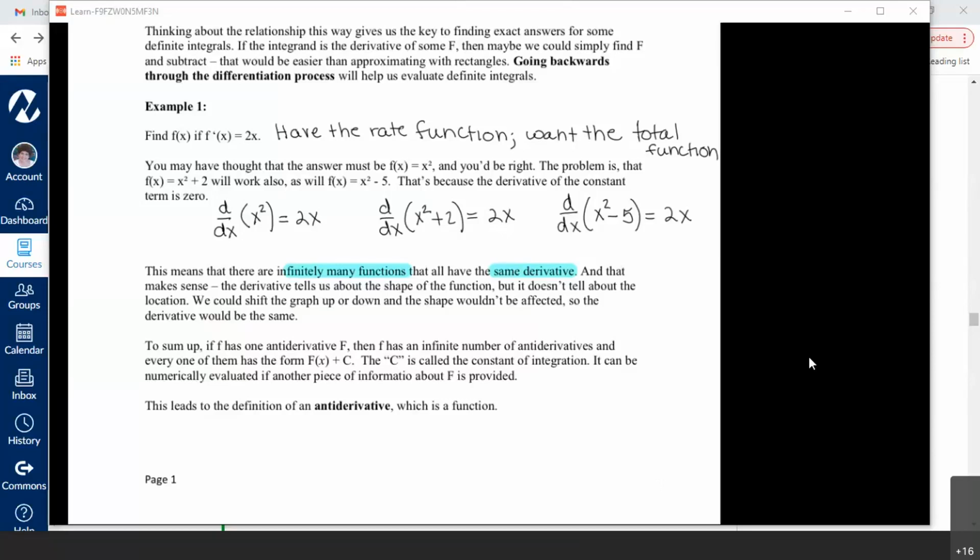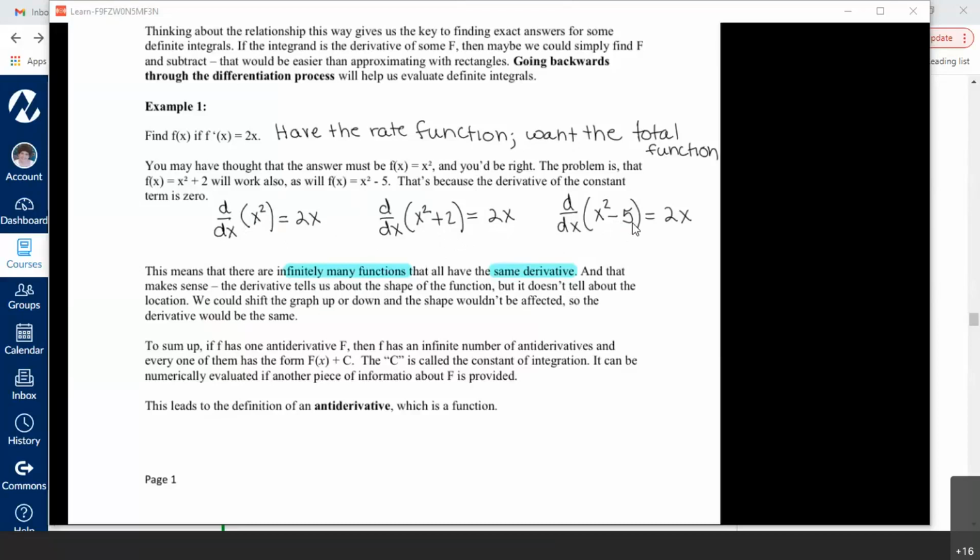Right. Ni is saying it shifts it up and down. So if you take the graph of x squared, it's sitting with its vertex on the origin. If you add 2 to it, you're just shifting it up 2 units, so now its vertex is at the point (0, 2). Likewise, if you say minus 5, you're moving it down on the y-axis, so now its vertex is at (0, -5).